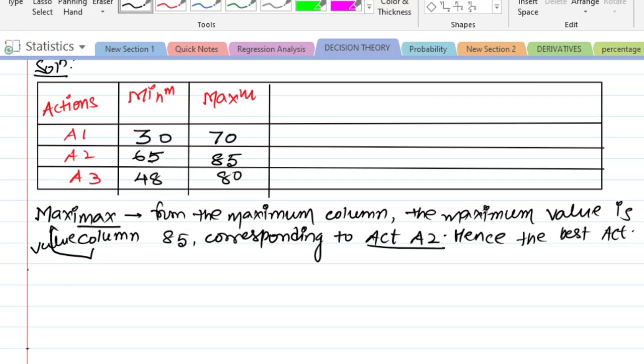If I'm moving to the Maximin criterion, as I discussed in the previous example, this word is to be given the first priority. It means I have to identify the column I am going to take, the minimum column, and which value I will take, the maximum value. Yes, from the minimum column I have to find the maximum value. So let's write down.